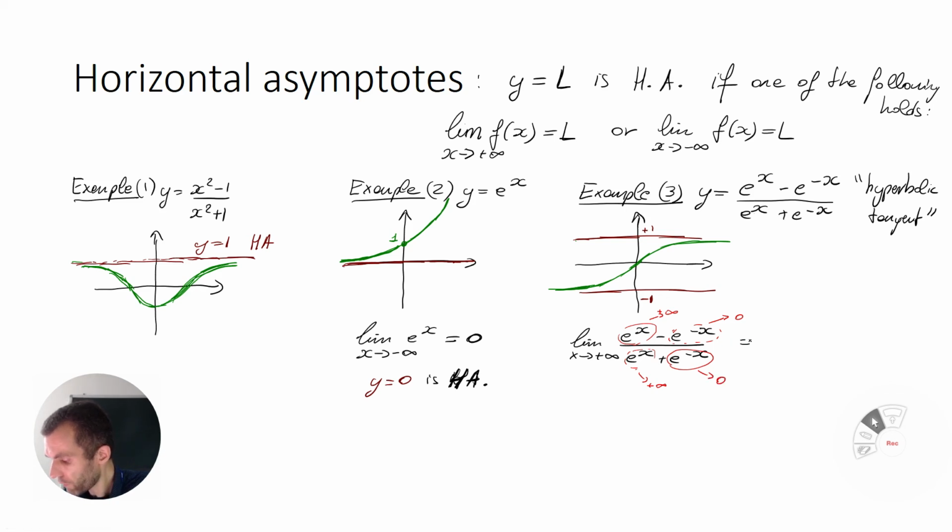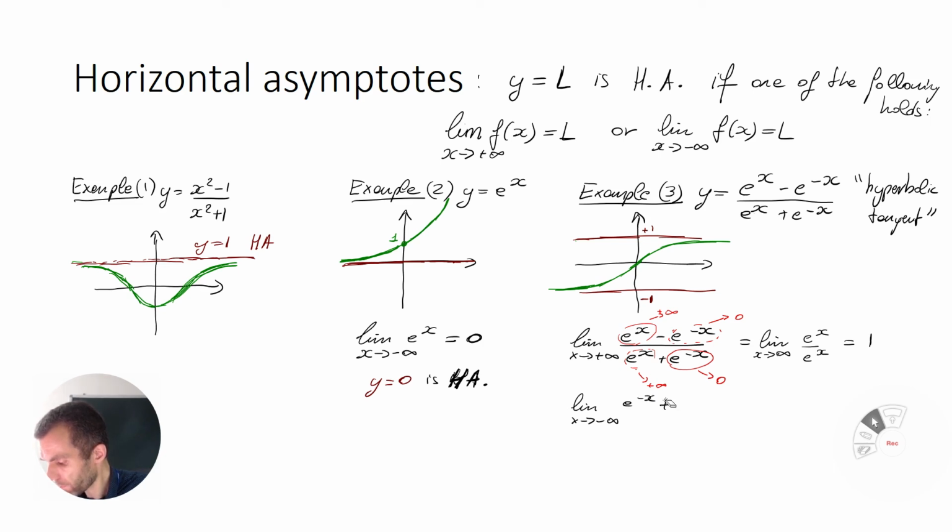So what we're left with is this will become bigger and bigger, this smaller and smaller. So this limit becomes the limit for x going to infinity of e to the x divided by e to the x, and that's equal to 1.